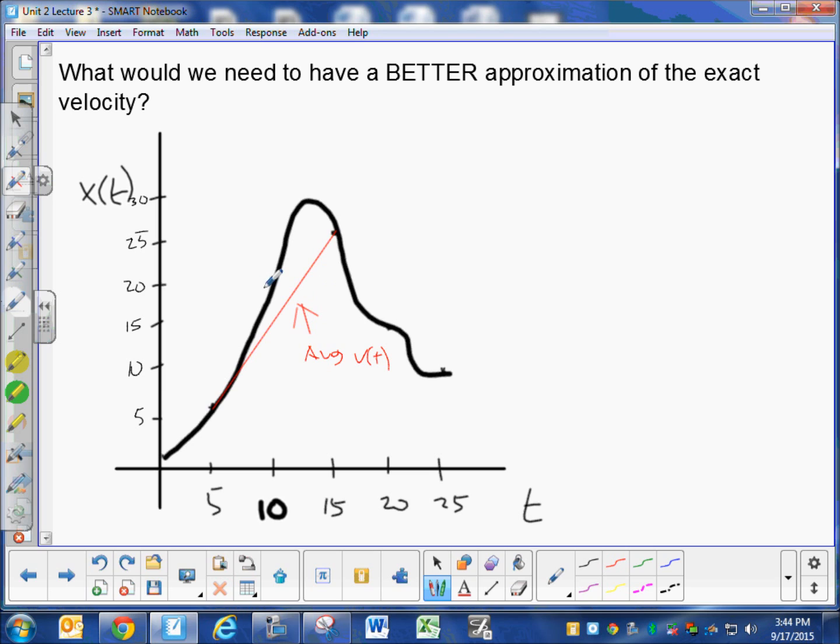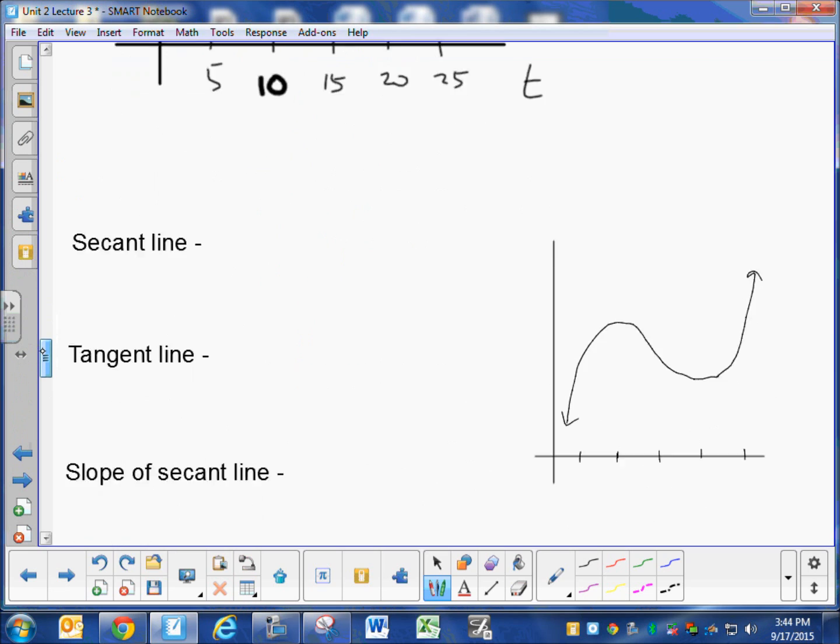What is it going to look like if I take 2 points infinitely close together and I connect them, it's going to turn into a line that will just touch my function at a point. This is what we call a tangent line. Okay, now for the key to the lesson.